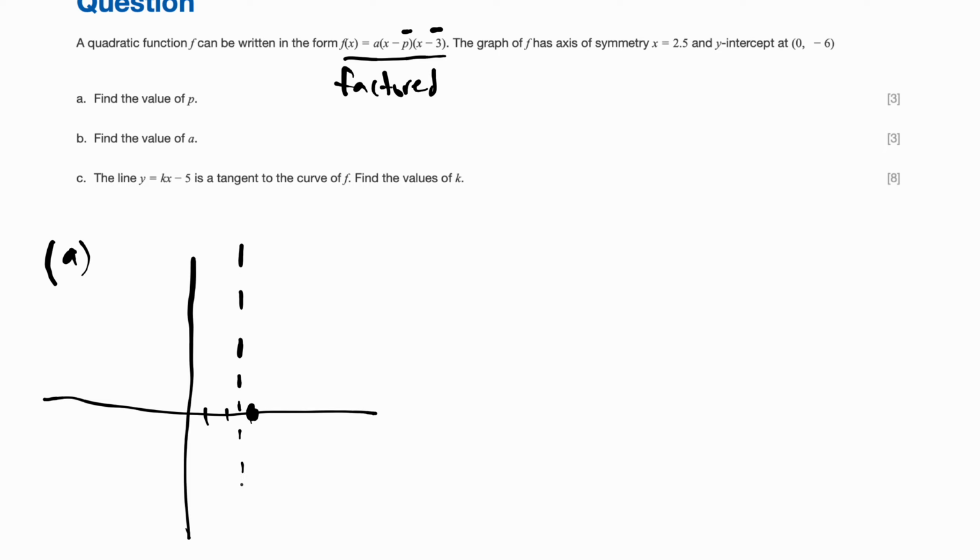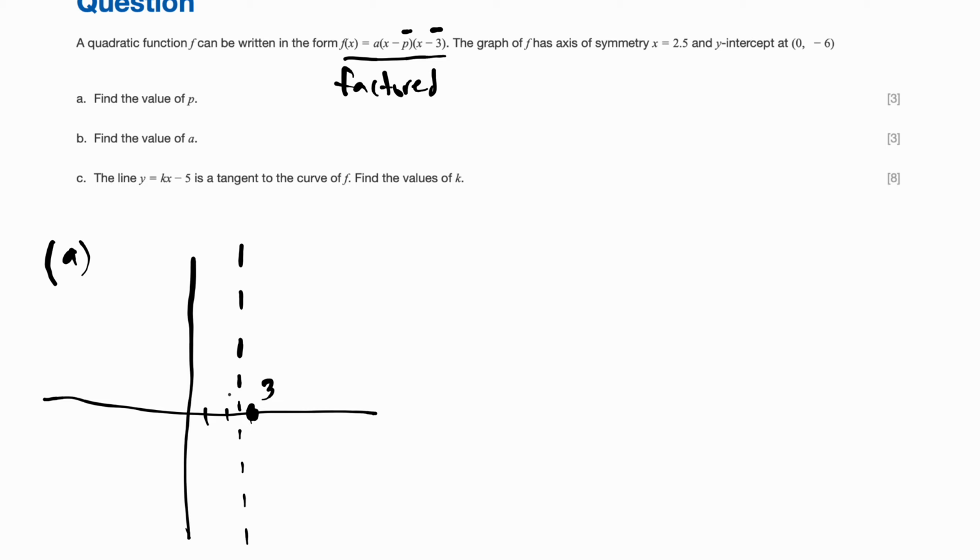Now why is this important? I want you to recall what happens with an axis of symmetry. Points are always reflected across the axis of symmetry, so the distance of one point from the axis of symmetry is the same distance for the corresponding point. If this is 2.5, the axis of symmetry, and this one x-intercept is 3, there's a difference of 0.5.